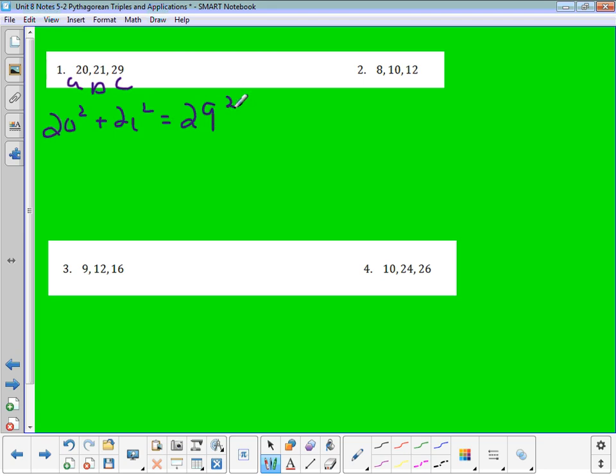When you're doing this, I do want you to show a lot of work so that I can check it. So 20 squared is 400, 21 squared is 441, and 29 squared gives me 841. Now I'm going to add those two together, and I get 841 is equal to 841.